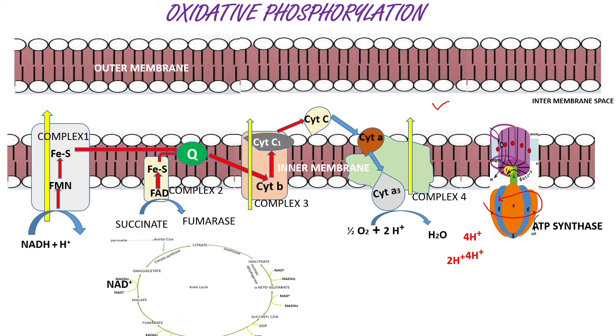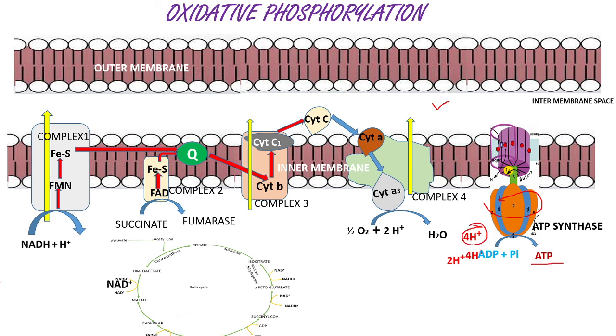And when this ATP synthase rotates, it brings a conformational change where ADP combines with inorganic phosphate and ATP is synthesized. It is found that to synthesize one ATP, 4 hydrogen ions are required.